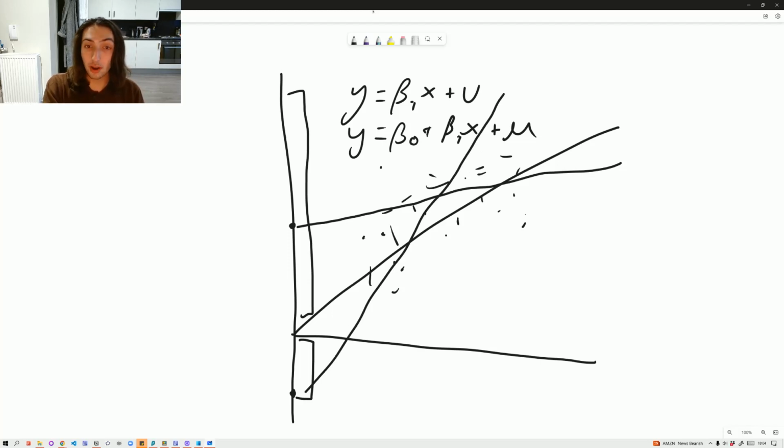So what I'm saying is that when beta 0 goes up, beta 1 necessarily goes down in order to adjust, and vice versa. So if it goes down, that goes up. So I'm saying that these two have negative covariance, essentially, because they're inversely proportional to each other.